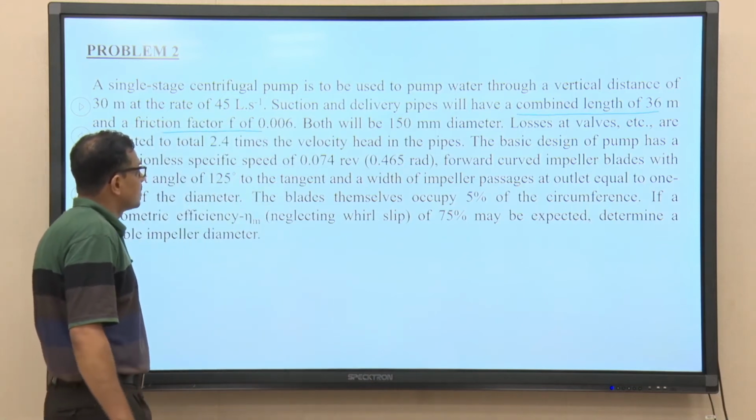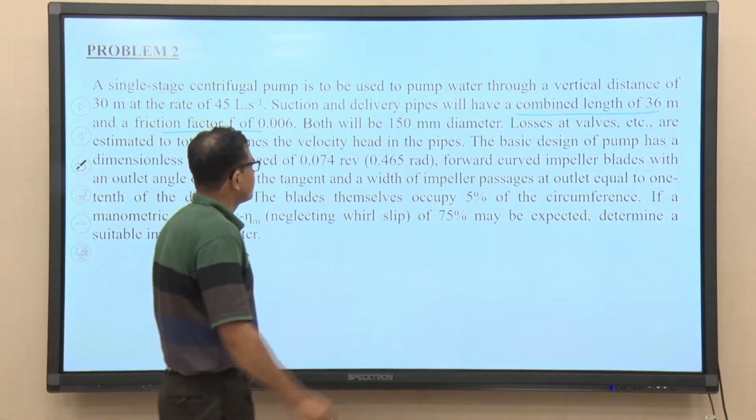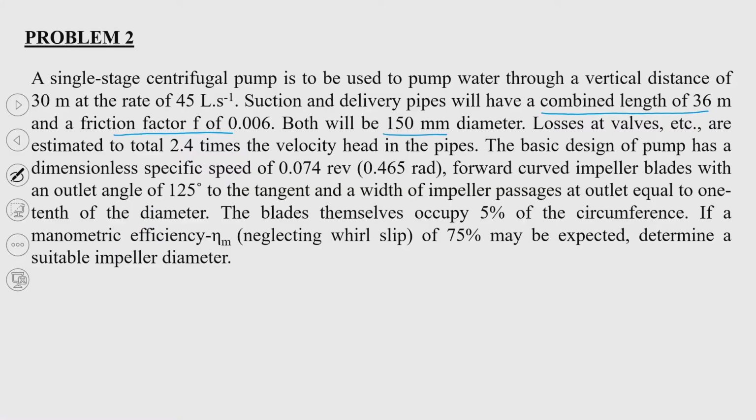Both pipes will be of 150 mm diameter, that is, the suction pipe diameter and the delivery pipe diameter are the same. Losses at valves etc. are estimated to total 2.4 times the velocity head in the pipes. So we need to consider other losses due to the presence of valves, bends etc., and that would be 2.4 times the velocity head in the pipes.